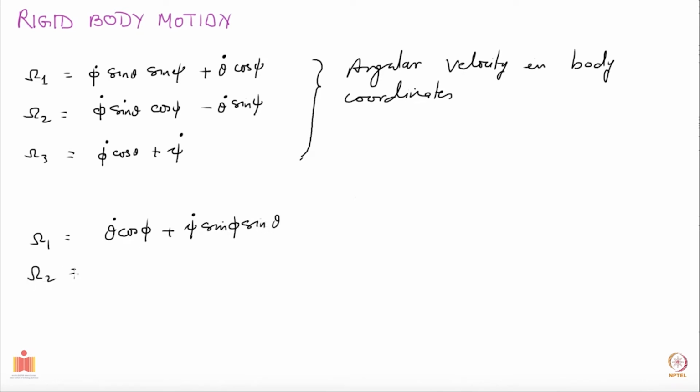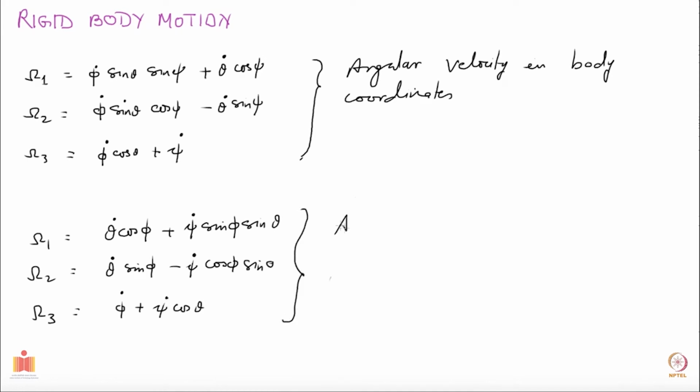Omega 2 should be theta dot sine phi minus psi dot cos phi sine theta, and omega 3 should be phi dot plus psi dot cos theta.